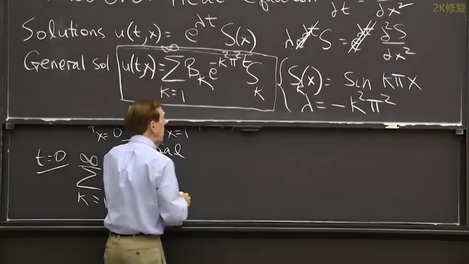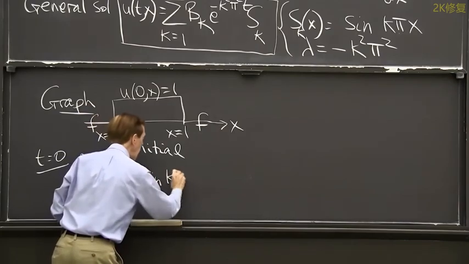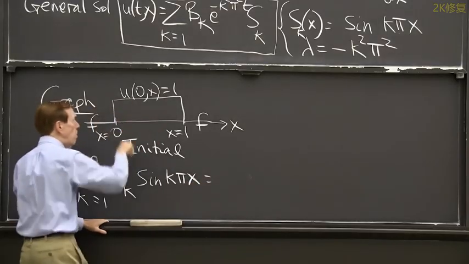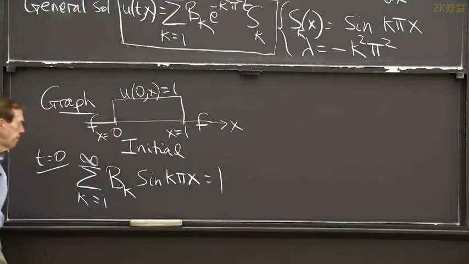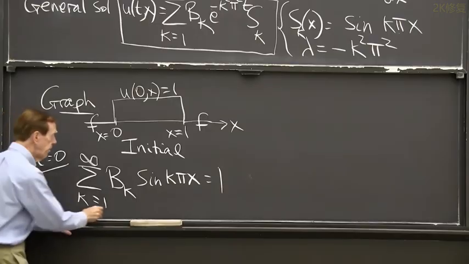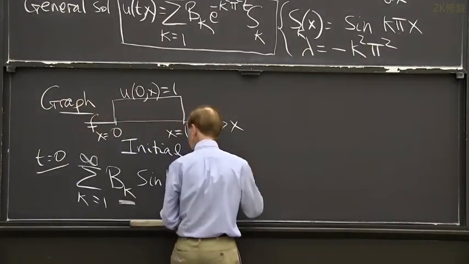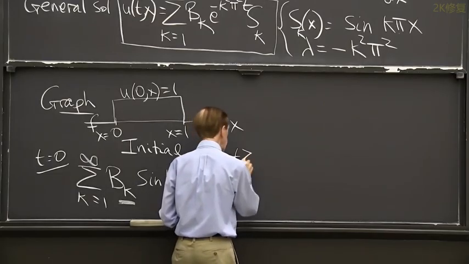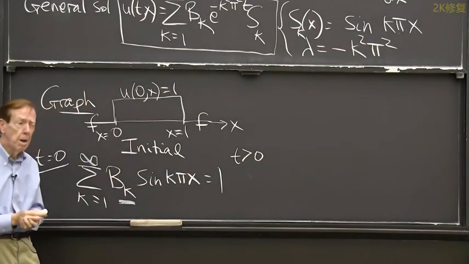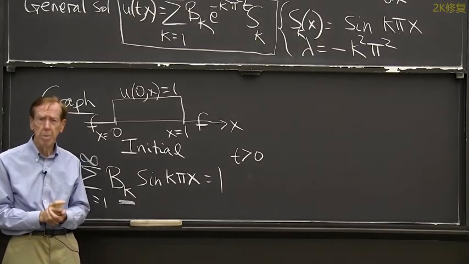When t is 0, this is 1, and I just have the sine of k pi x. That has to match the 1. And from that I find the b_k's, and then the final solution, t greater than 0, uses those b_k's.